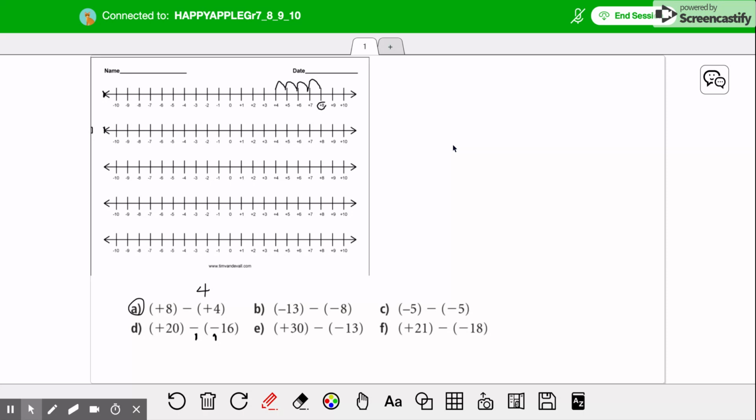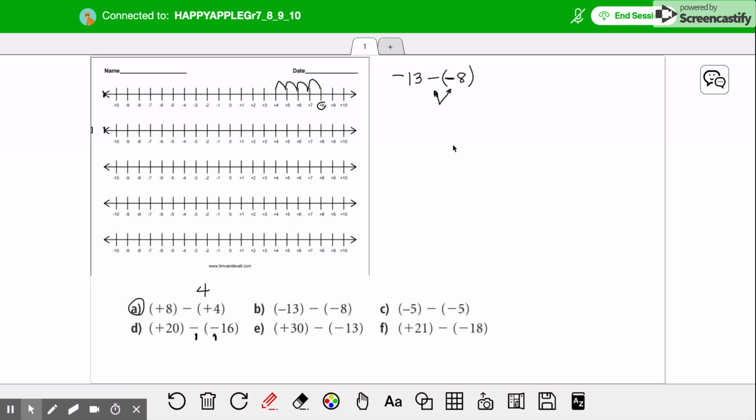There are various ways of explaining it, and I'm trying to make an explanation that's not going to conflict with what you've done in class.